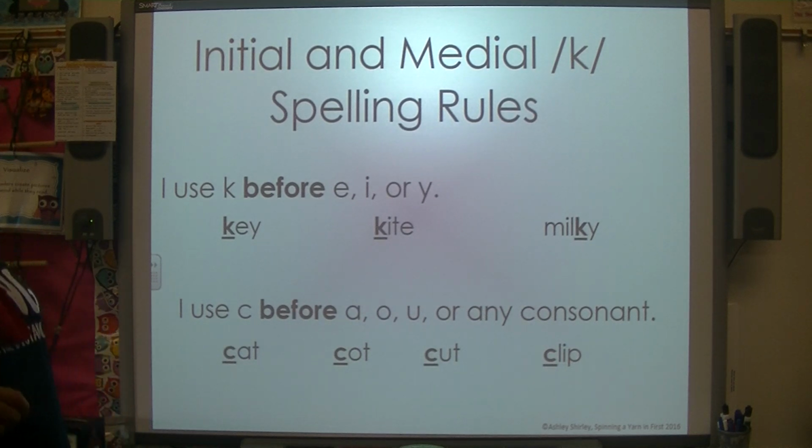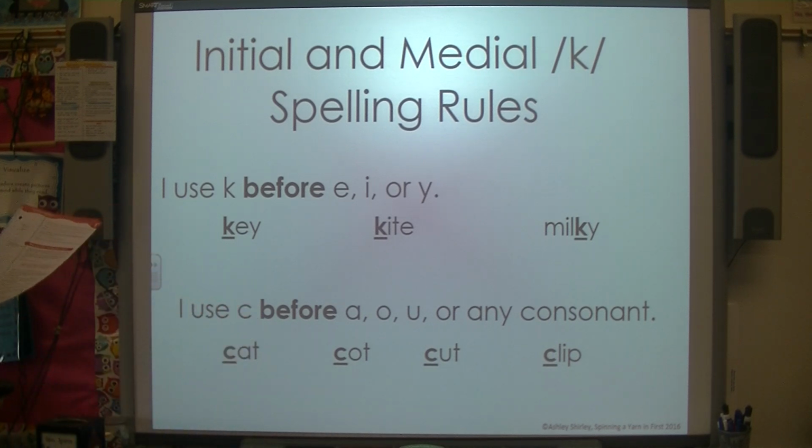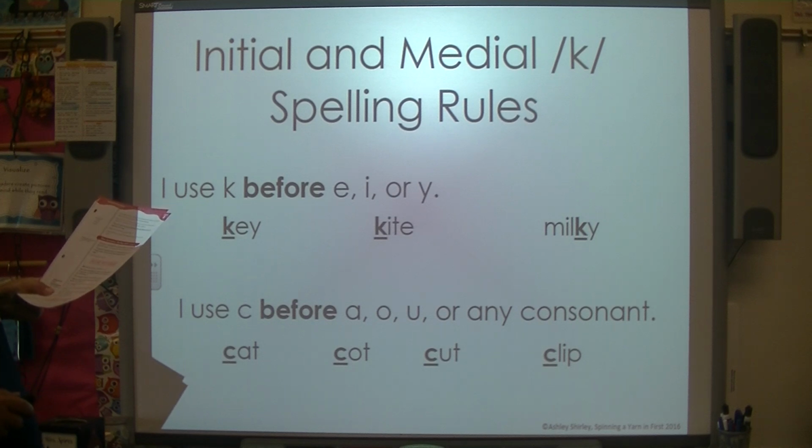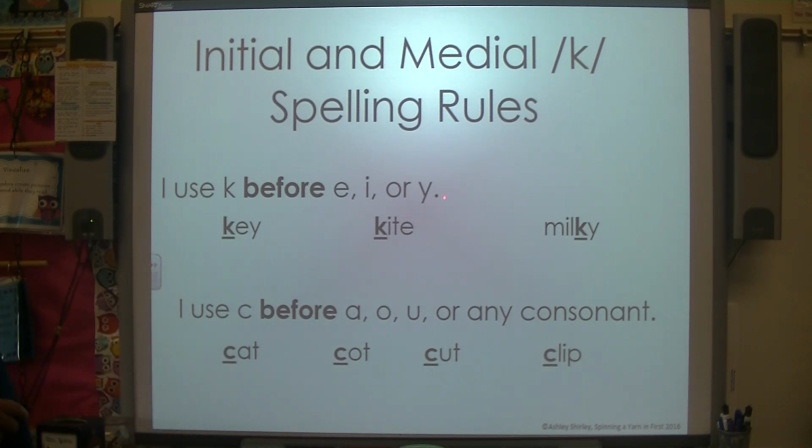This is our spelling rule for when to use C or K. If I have the K sound, I use K when the sound is followed by E, I, or Y.